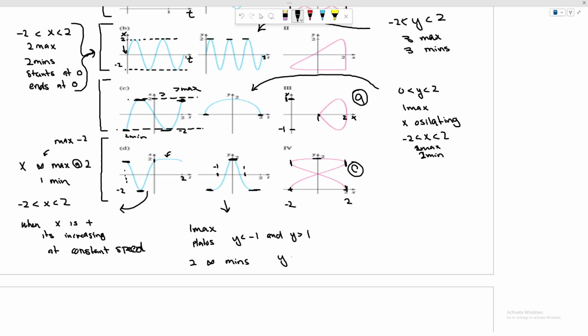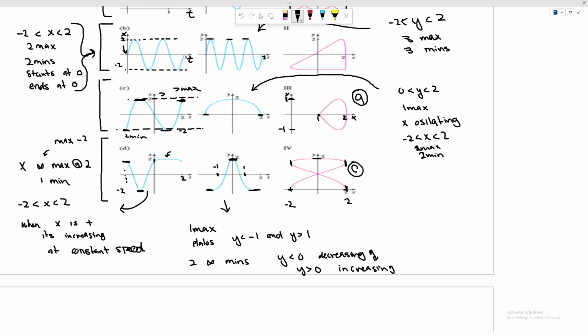And so when y is less than 0, it's decreasing. When y is more than 0, it's increasing. Oh, sorry, it's the other way. Oops. It's the other way. Just don't forget, guys, this is the other way.